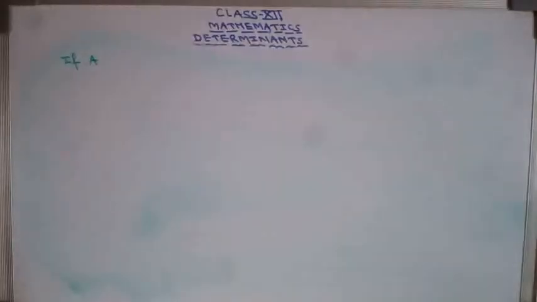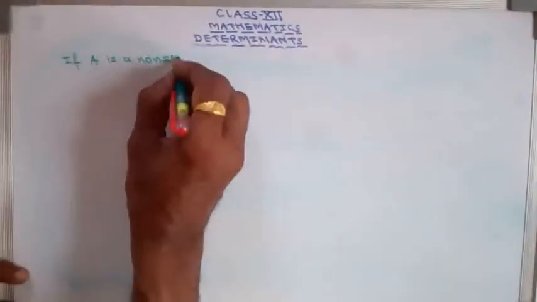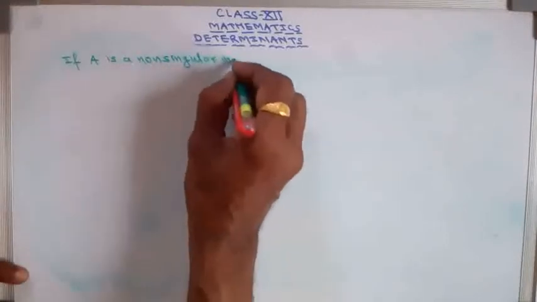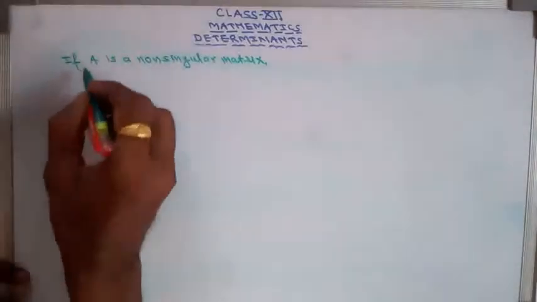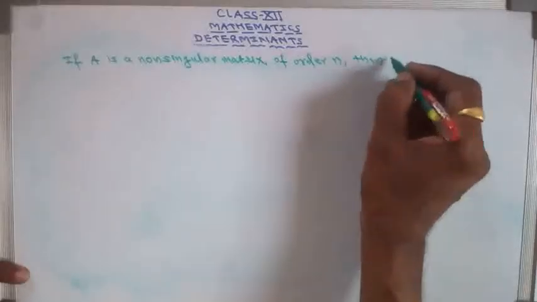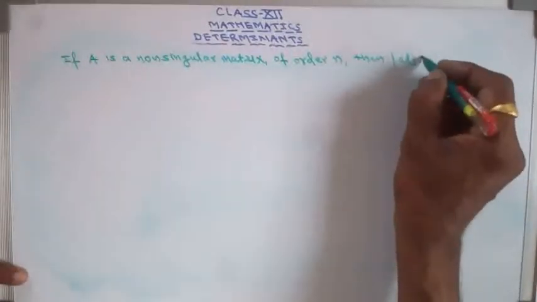If A is a non-singular matrix, meaning determinant of A is not equal to 0, of order n, suppose, then you have to prove that the determinant of adjoint of A is equal to determinant of A raised to the power n minus 1.